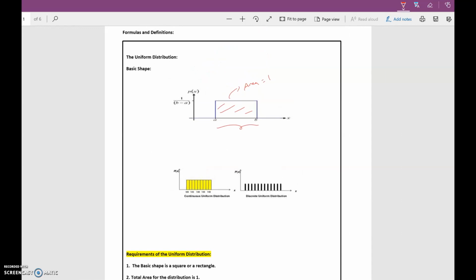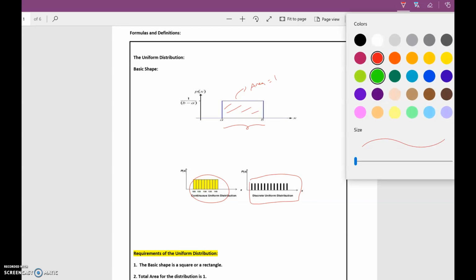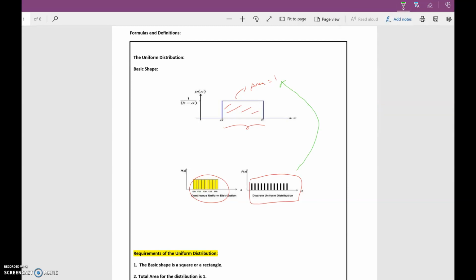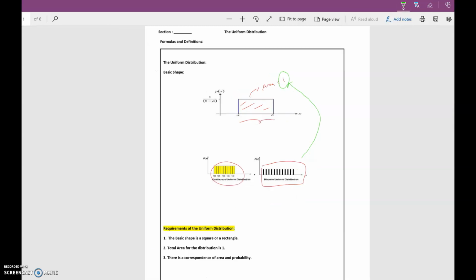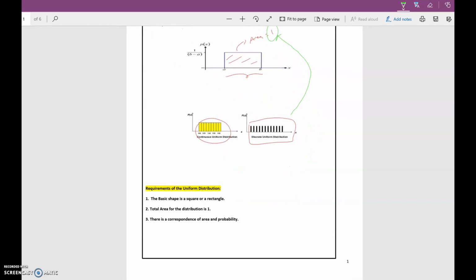Also, as we're looking at this type of distribution, you could have one actual square or it could come in multiple squares. The main idea is that if you were to calculate the area of the distribution, it's still 100% of scores or total area of 1.